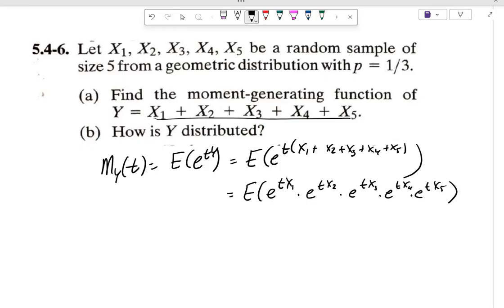And again, that's nothing to do with independence. That's just the fact that our random variable was defined as a sum. The independence piece is what we need for the next part.